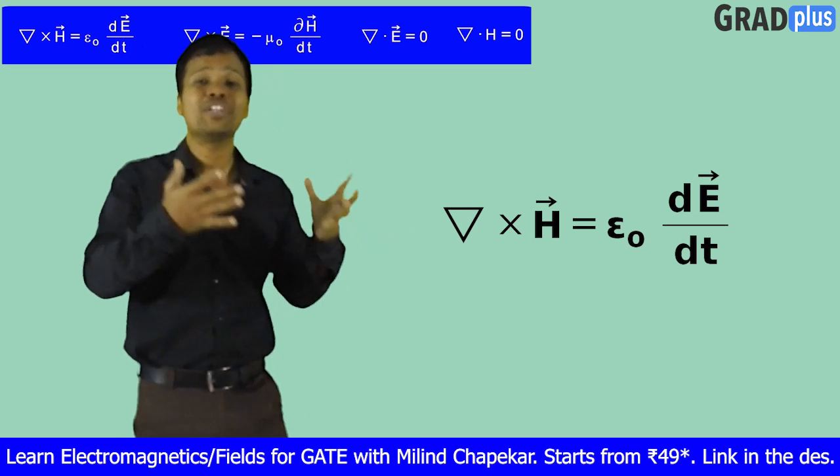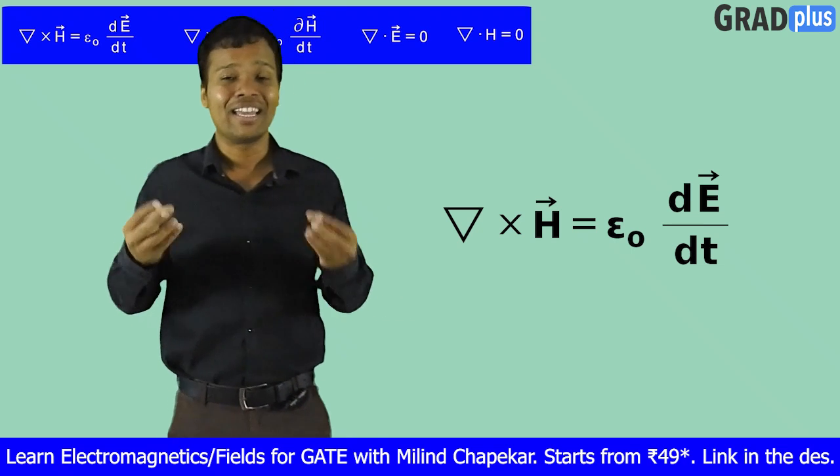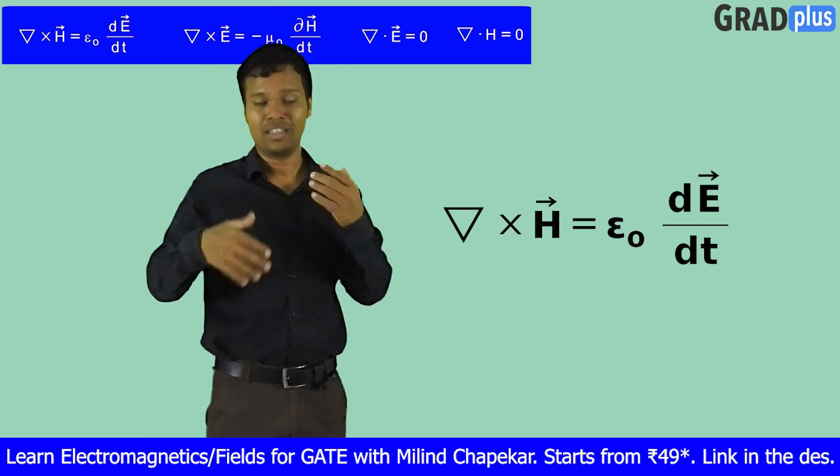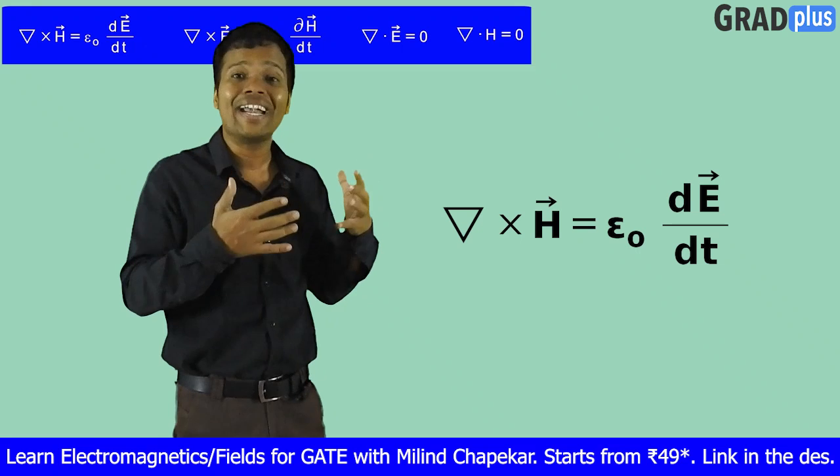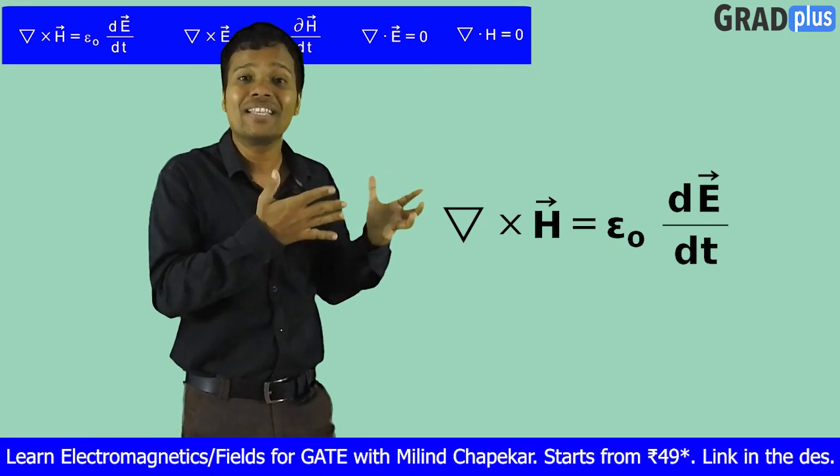So this equation is telling us that in the time varying case, E and H, they are related by this expression.